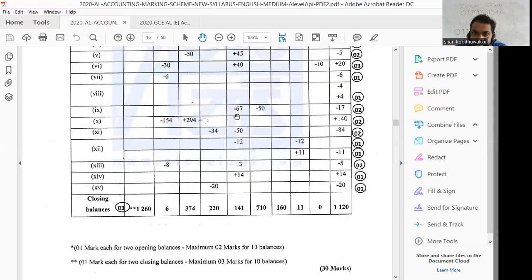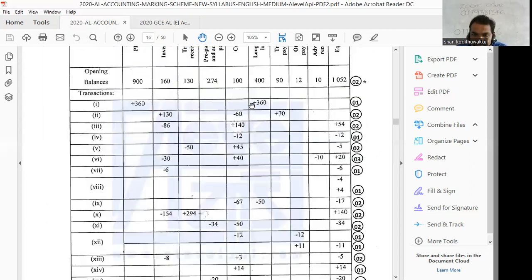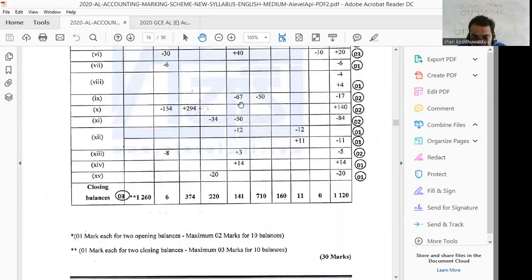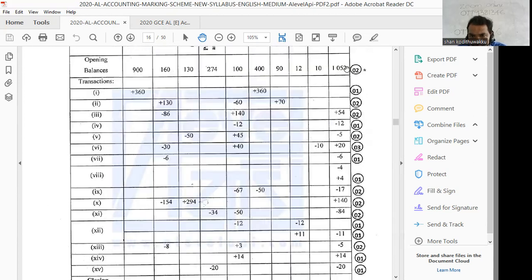We paid 67,000 rupees in cash. Therefore, your cash balance will decrease by 67,000. As they have included 17,000 interest in the loan installment paid, interest is an expense. Expenses will affect to reduce capital. Therefore, minus 17,000 on equity or capital.